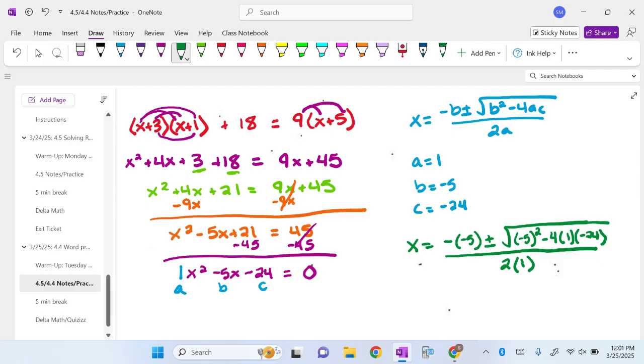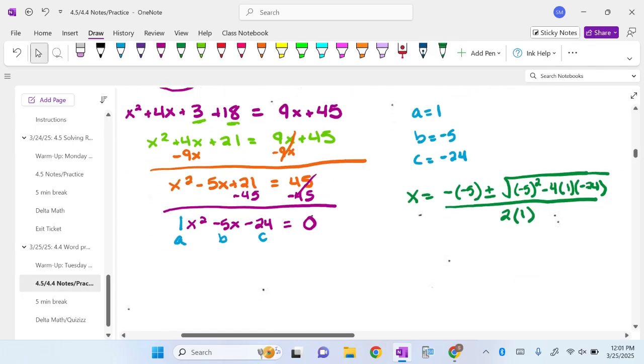So all I did was replace the letters a, b, and c with their respective values. I have not done any evaluating. I just put it in the formula.